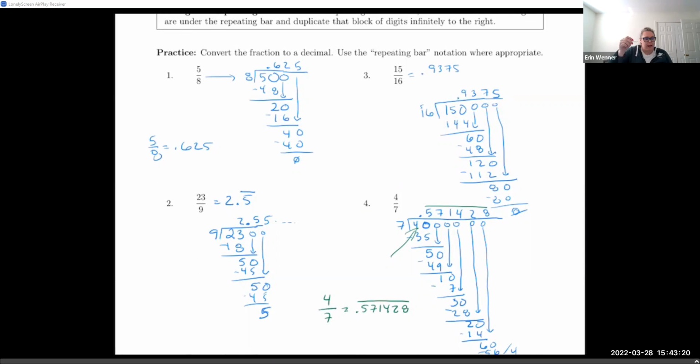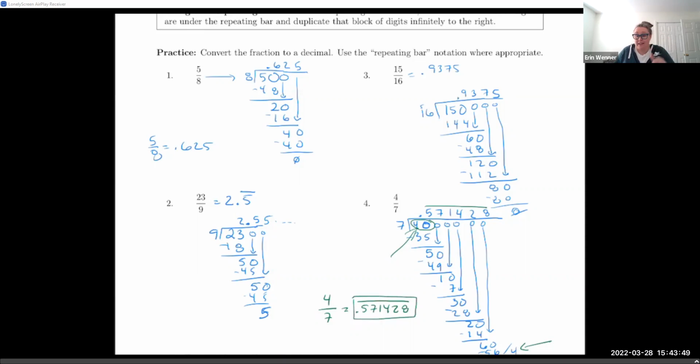But because of that pattern of suddenly getting that remainder of 4 at the end, this one right here, I know that if I were to keep dividing, I'd have to add a 0 to it, which would be 40, which would put me right back up here. And I've already done all that, right? So what that says is that I'm going to eventually repeat the pattern. And so it is equal to this repeating decimal.